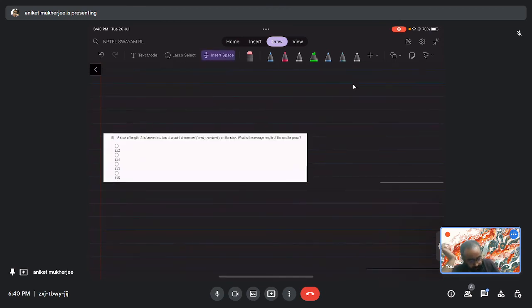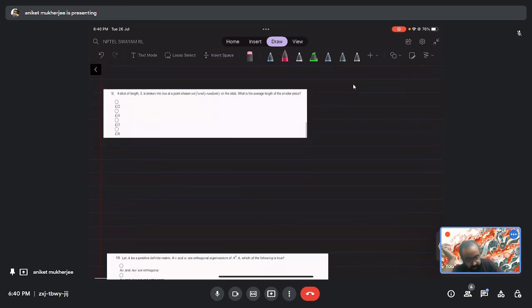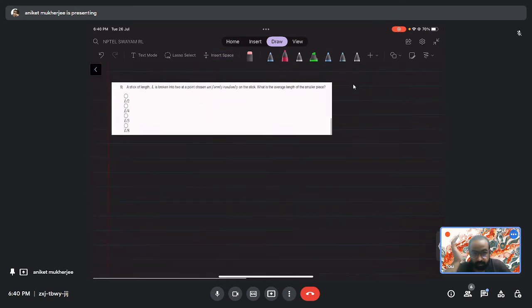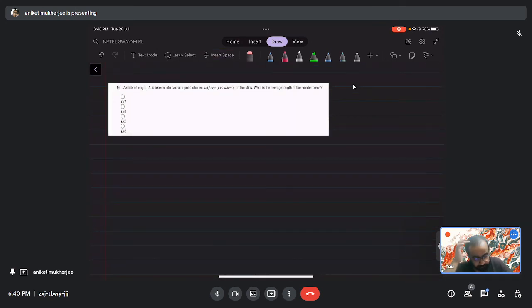Okay, so next, this is a fairly simple question, I think, the 9th one. It's given that a stick of length L is broken into 2 at a point chosen uniformly at random on the stick. What is the average length of the smaller piece? So you have a stick of length L, and you randomly choose a point.